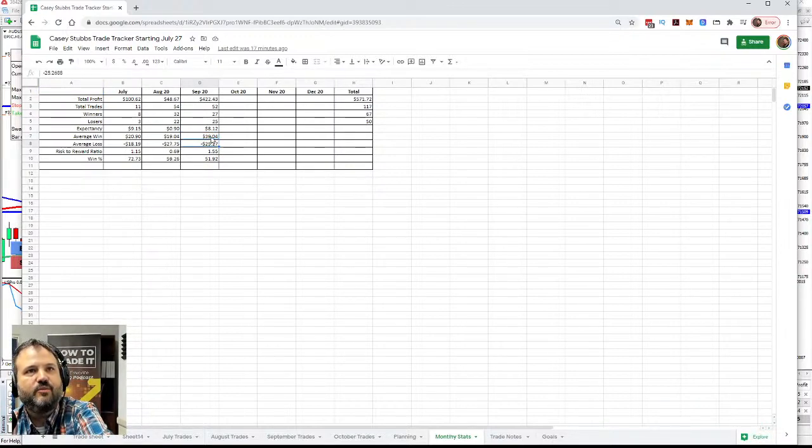Those are the stats that I'm looking for. And then your winning percentage. If you look at September, I took 52 trades. My average win was $39. My average loss was $25. So it was a really good month. And my winning percentage was 51%. Now, my July had a 72% winning rate, but that was only 11 trades.